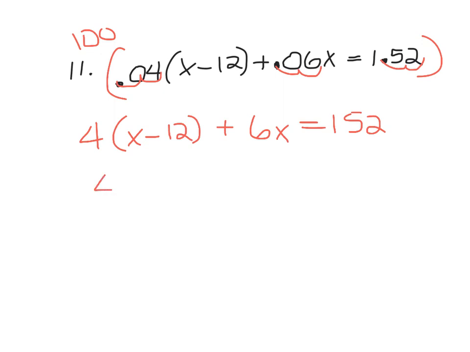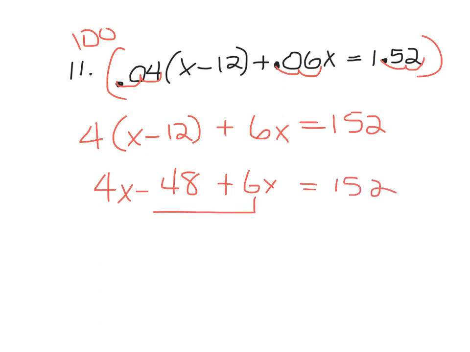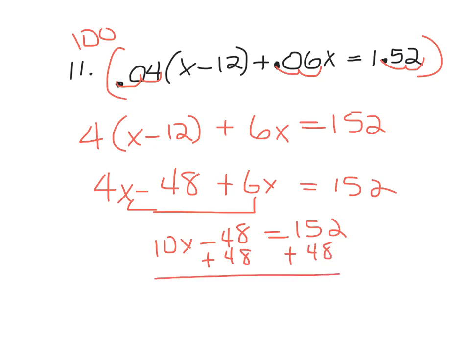So here I have to distribute. And then I'm going to group my like terms. So 4x plus 6x gives me 10x minus 48 equals 152. Add the 48. 10x equals 200.